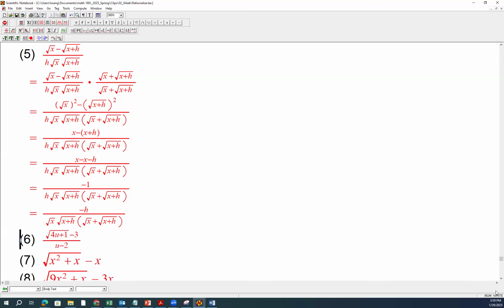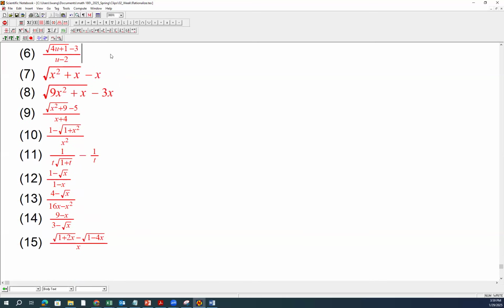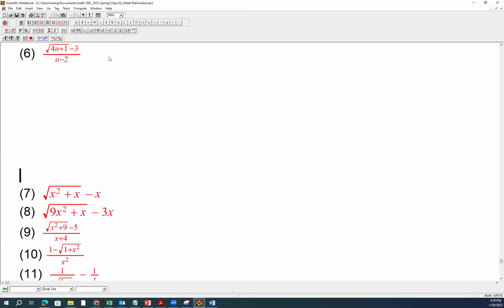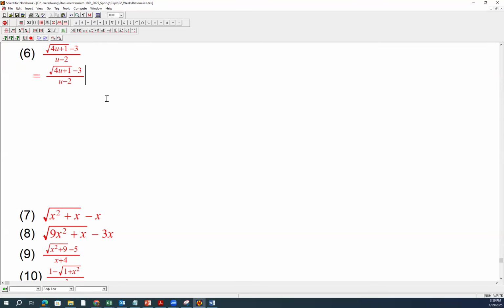Number 6, you can see the situation we're going to meet is getting more and more interesting. On this question, we're going to, of course, get our conjugate. Our conjugate, once again, is going to be the conjugate of the numerator.